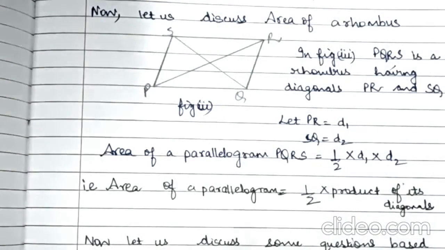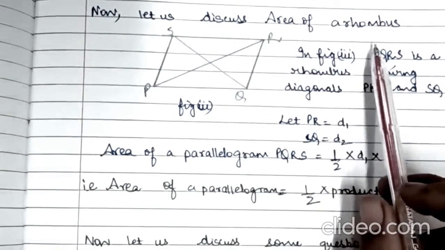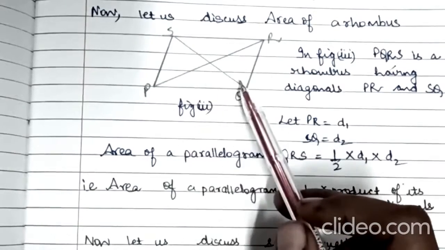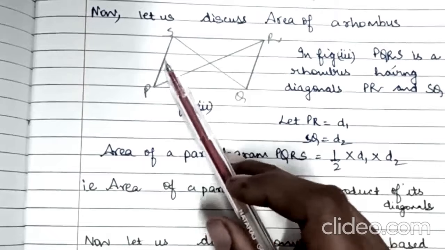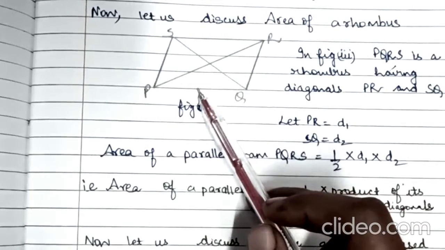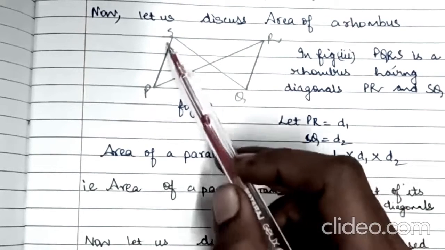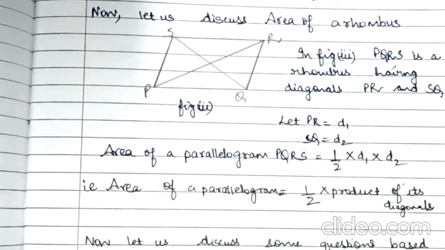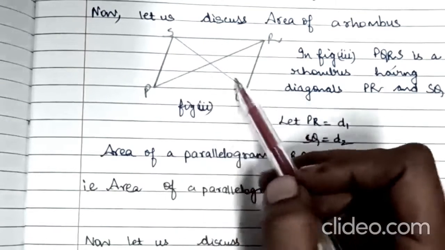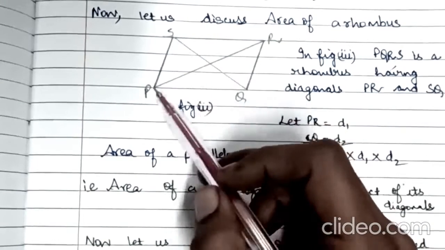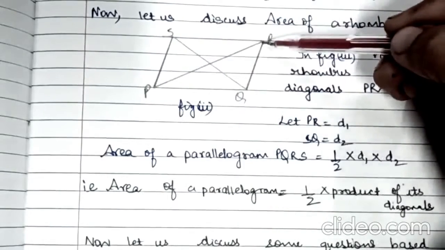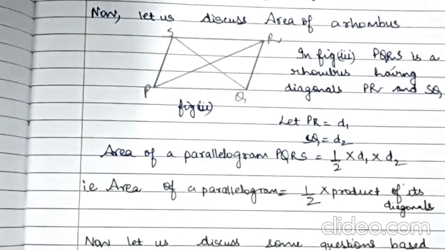Now let us discuss the area of a rhombus. Rhombus is also a quadrilateral having all 4 sides equal. Now consider we have 2 diagonals in a rhombus. PQRS is a rhombus having diagonals PR and SQ.